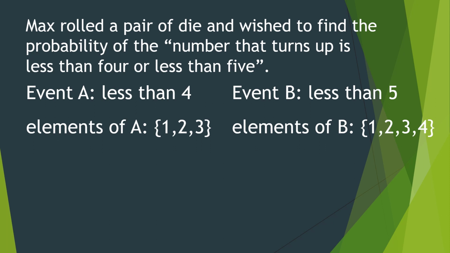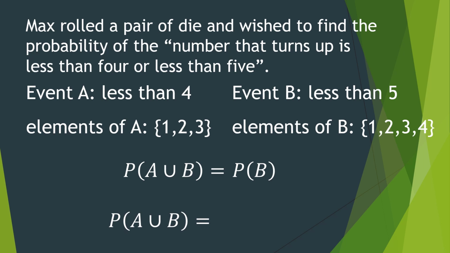Have you noticed that all elements of A are there in B? With that, the probability of A union B is simply equal to the probability of B. Therefore, we have A union B is equal to 4 over 6, or simply 2/3.